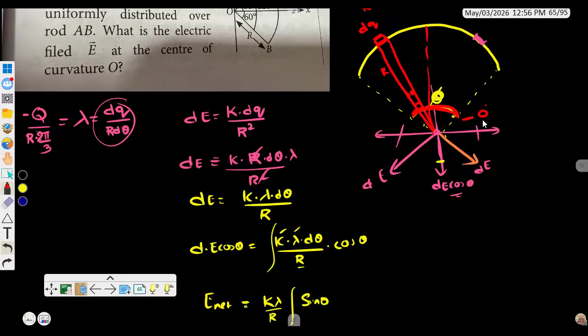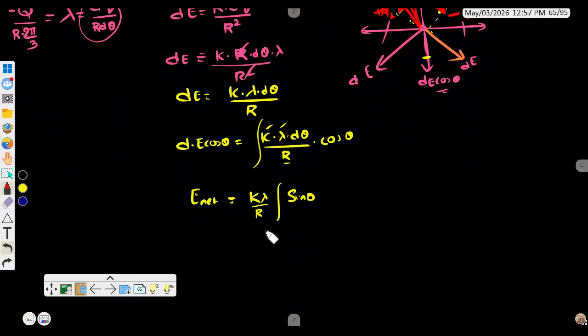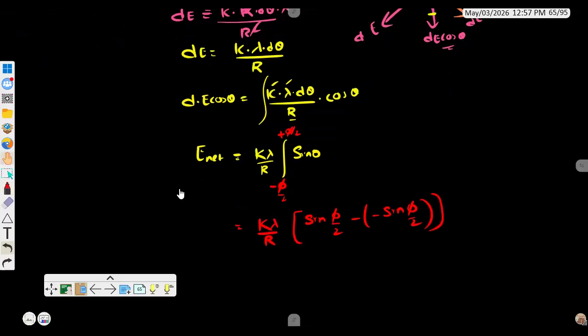It would be from minus pi by 2 to plus pi by 2, which are the angles where our dq charges are lying. Putting the limits, that gives k lambda by r into sine phi by 2 minus of minus sine phi by 2, which is 2 sine phi by 2.